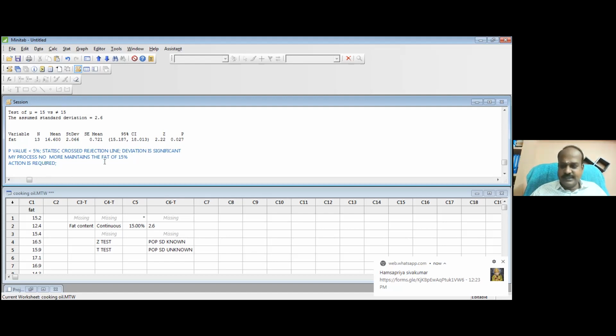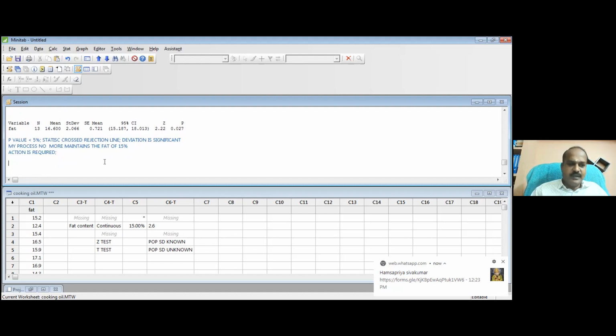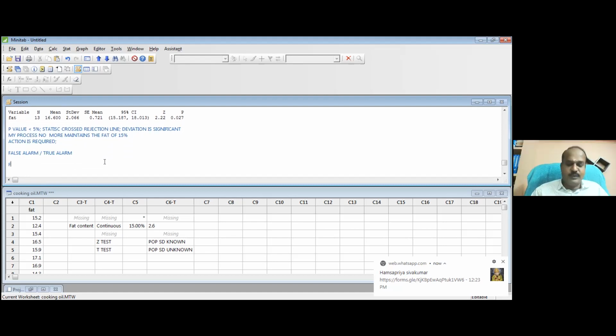See, if you don't understand this, you will react to every data point. You should not react to every data point because data can give a false alarm, and data can give a true alarm. If the data gives a false alarm, what do we do?